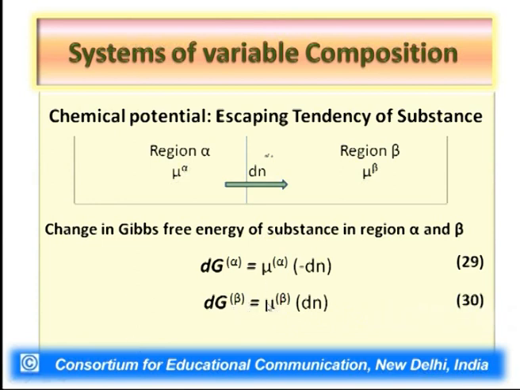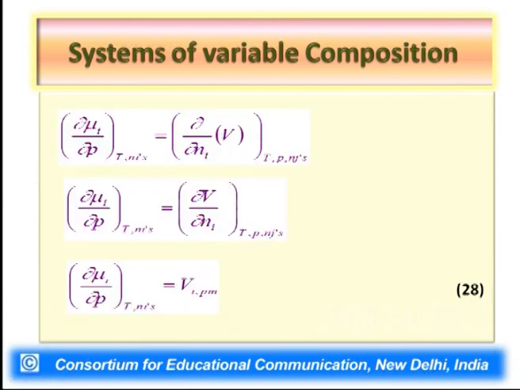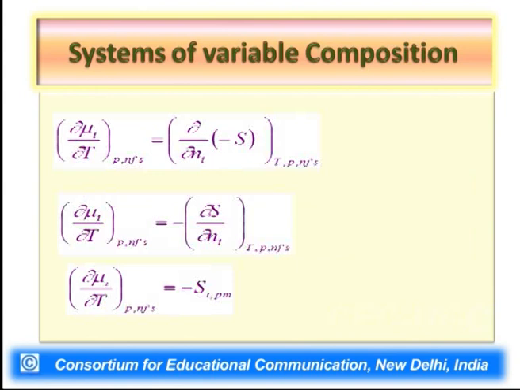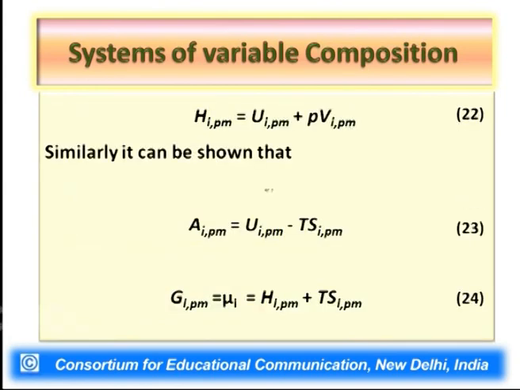So, dG beta therefore is mu beta into dN, with a plus sign. Now that we have determined these two expressions, it is important to understand where we got them from. Basically, we got them from the definition of chemical potential.